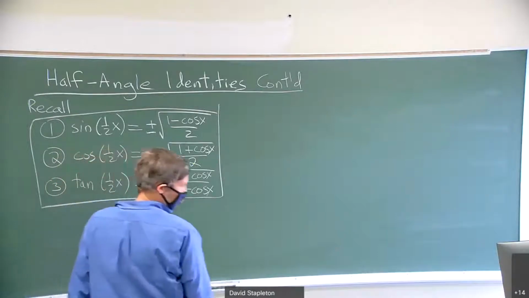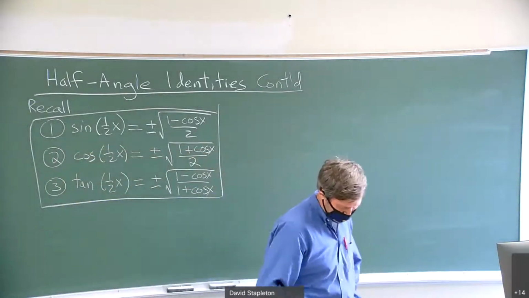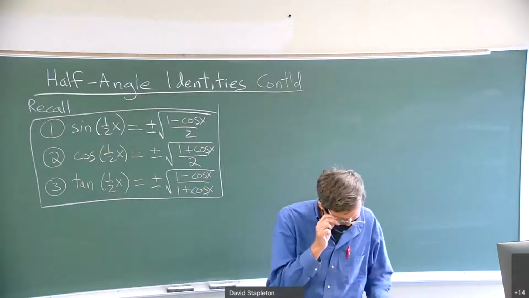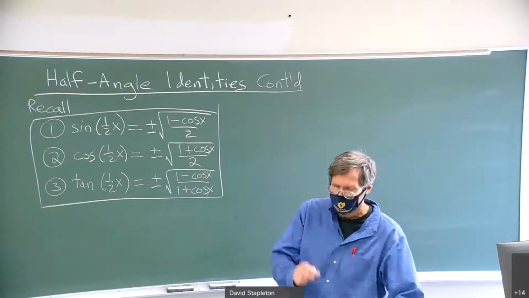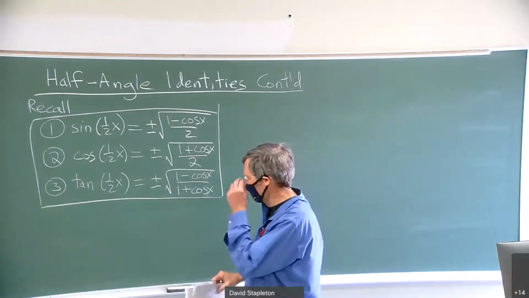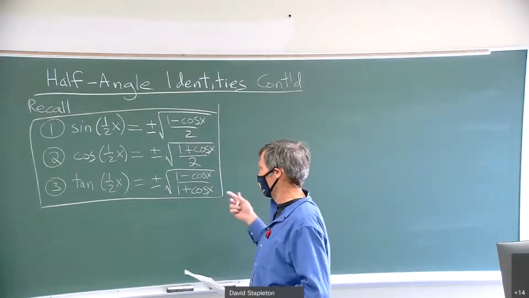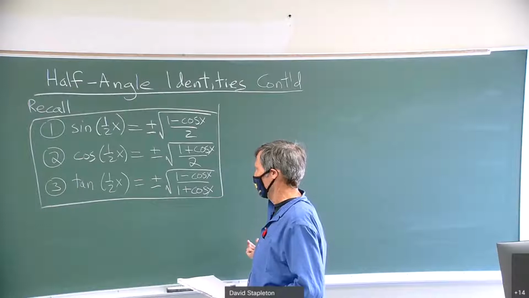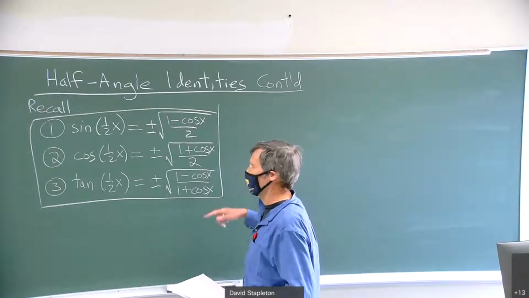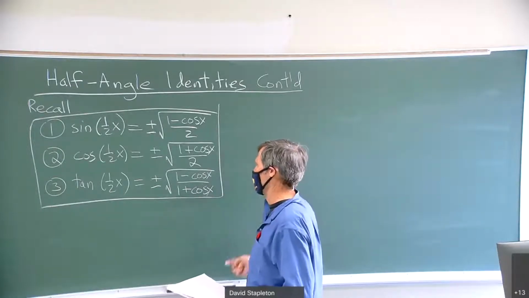And I just want to make sure that I do at least one more problem on a couple parts of this. We said last time that we can now evaluate trig functions of any angle that's half of an angle that we already know exactly.